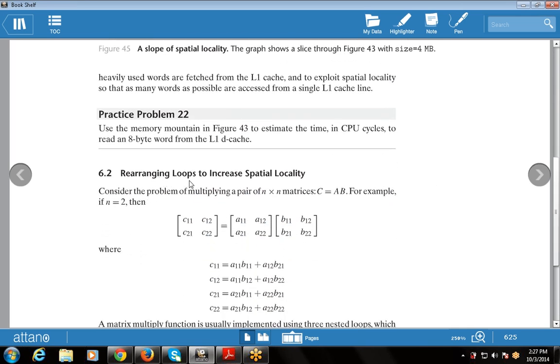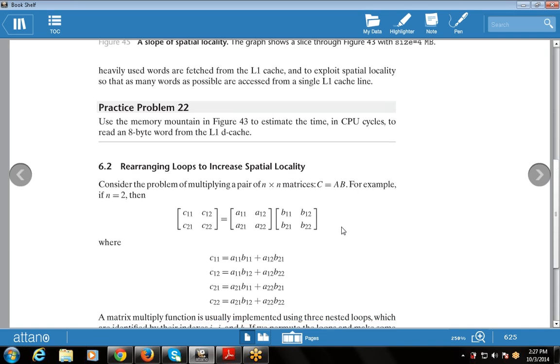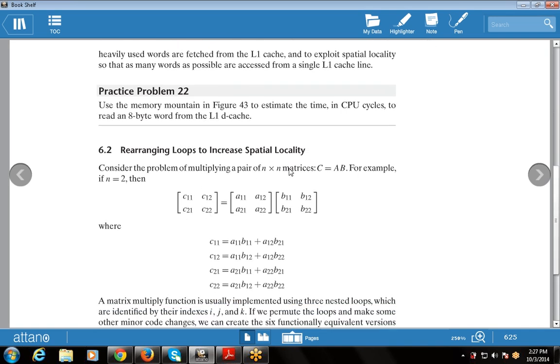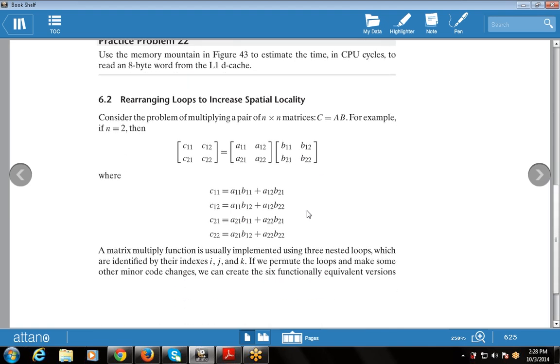Next is rearranging loops to increase the spatial locality. That is arranging the computation with the help of n by n matrices, C equals AB. For example, if n equals 2, there are 2 rows and 2 columns, so C11, C12, C21, C22 equals A11, A12, A21, A22 multiplied by another 2 by 2 matrix, B11, B12, B21, B22.